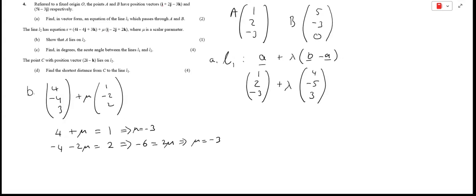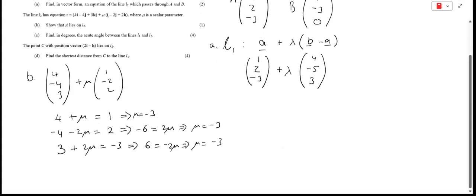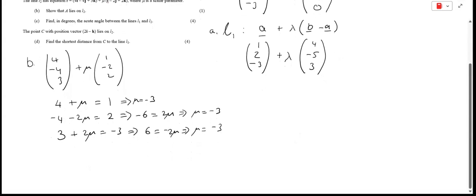And finally, looking at the k component, 3 plus 2 mu has to equal minus 3. So we get 6 is equal to minus 2 mu, which implies that mu is minus 3. And because mu is minus 3 for all three of them, that point must lie on the line. You should get the same mu value.